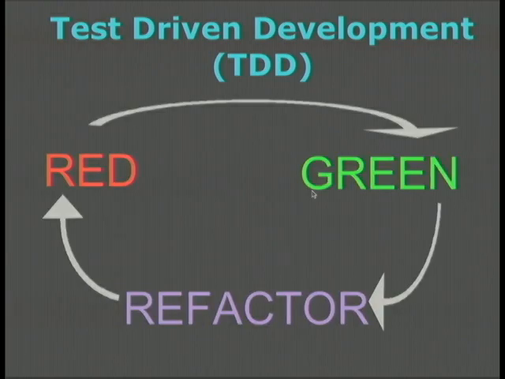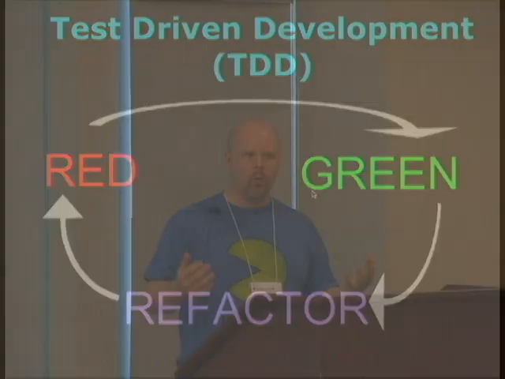TDD is a process for developing software in small iterations. The concept is you mix design, implementation, and a little bit of testing all in each cycle, and it makes big problems break down into nice small problems. The process is described as red, green, refactor.